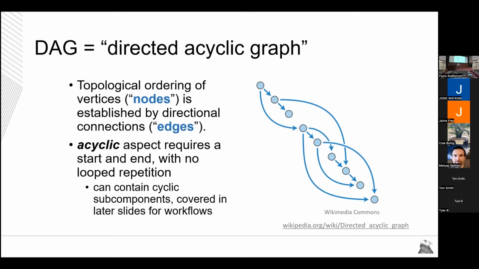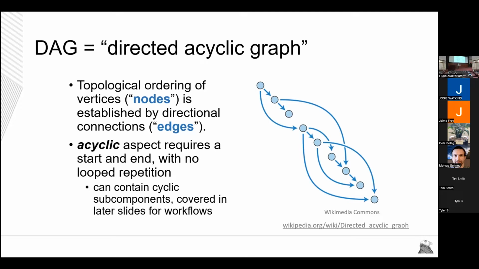The acyclic aspect refers to the fact that a directed acyclic graph has a specific start and end point. And even in workflows in Condor's DAGMan, while we can have cyclic subcomponents, there needs to be a defined start and end. So those are where the terms directed and acyclic come from. It needs to be directional. With the computing workload, we want a defined start and end.